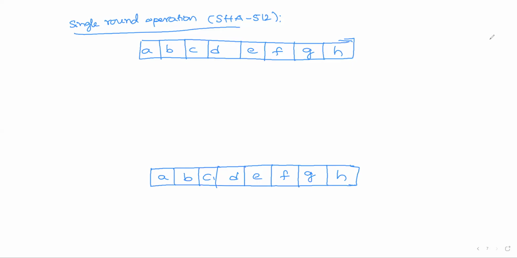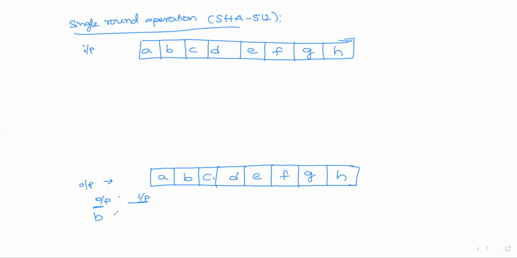This side is the output of any round, and this is the input of any round. So these are output buffers, and these are input buffers for any round. So output buffer, that is this B.